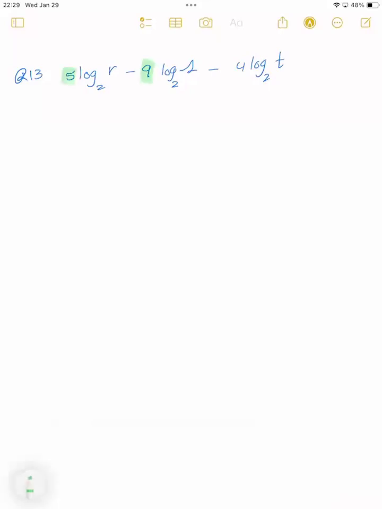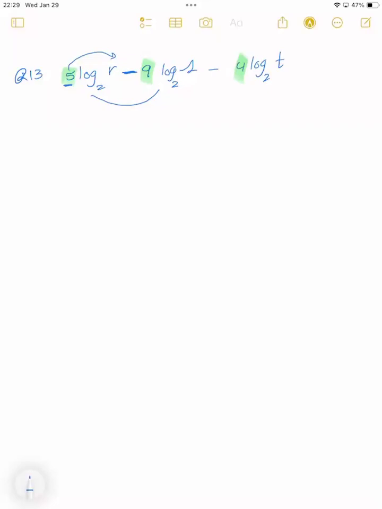Then you can join them and write them as a single log. I can't write these two as one log when I have a coefficient here. First, let's get rid of these coefficients and turn them into exponents.